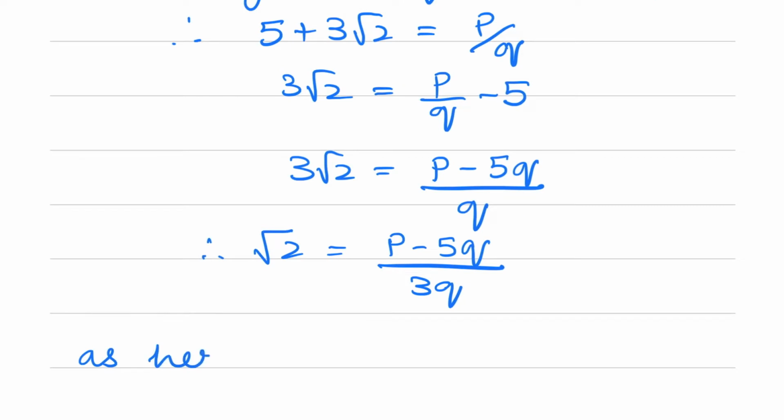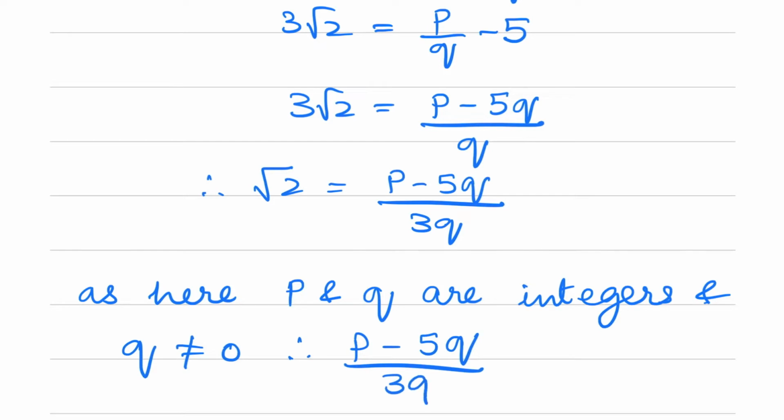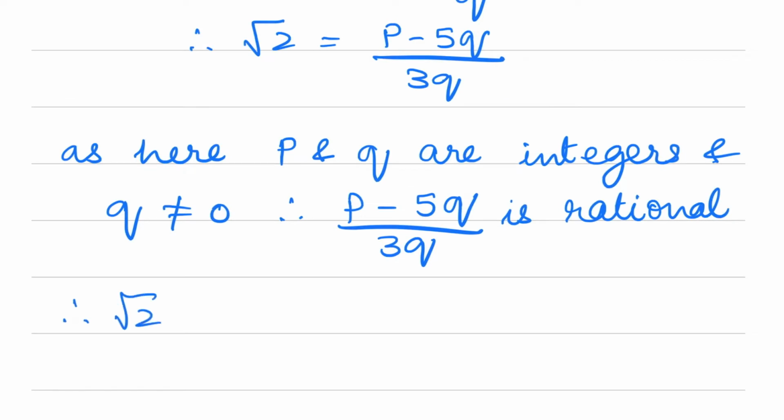As here P and Q are integers and Q is not equal to 0, therefore P minus 5Q by 3Q is rational. Therefore, root 2 should be rational.